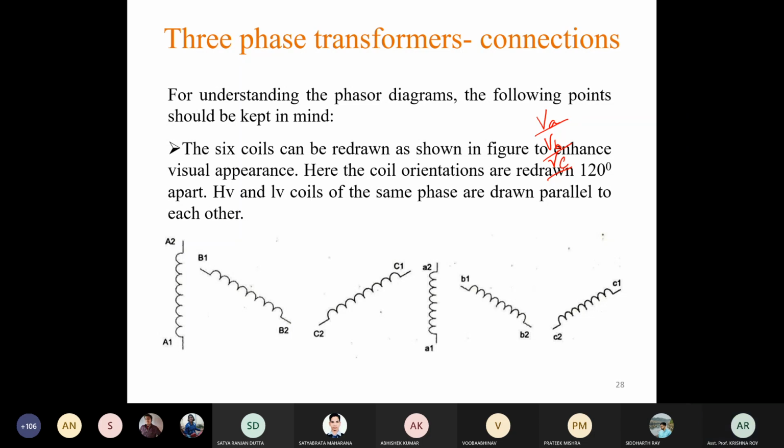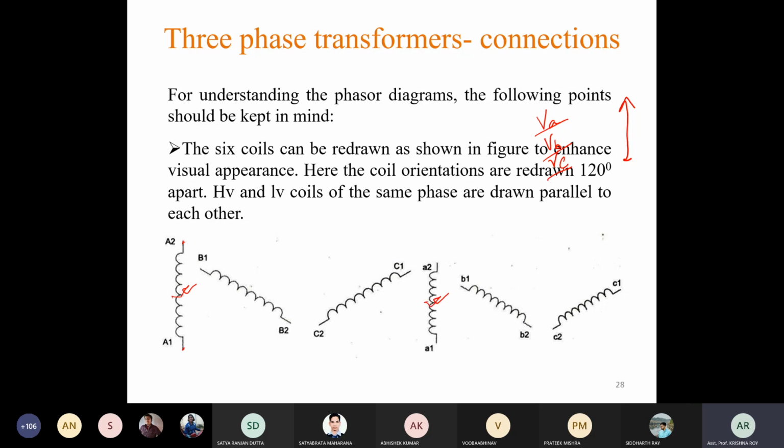So these coils, to enhance the visual appearance, we can draw according to their orientation given by the supply voltage system. If we take the A phase as the reference phasor drawn vertically upward, we can draw A1, A2 vertically, with the low voltage winding having the same orientation.